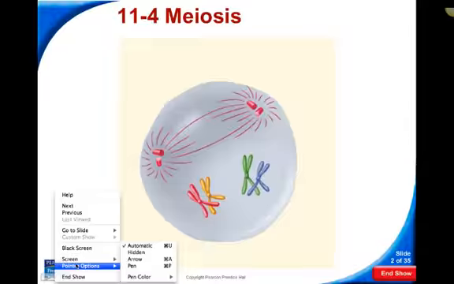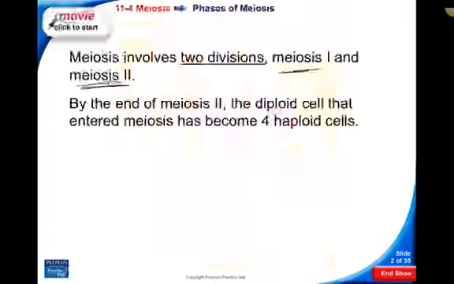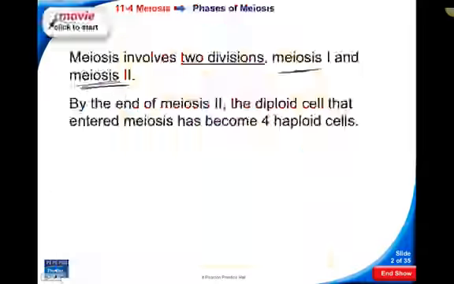It involves 2 divisions: meiosis 1, followed by meiosis 2. By the end of meiosis 2, the diploid cell that entered meiosis will become 4 haploid cells.